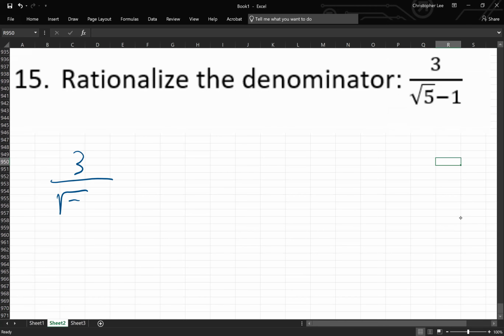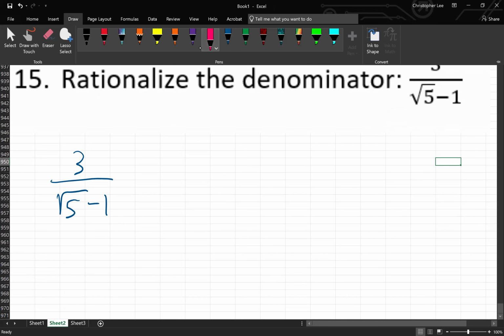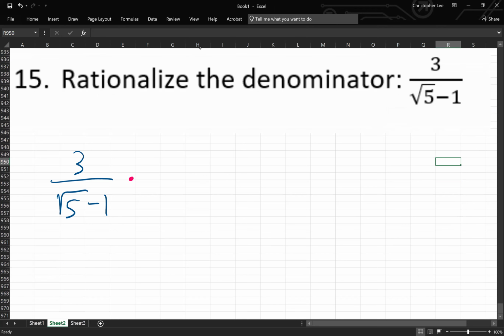What do I multiply this by? Square root 5 plus 1, right? So we want to do the, what's that thing called again? I'm about to say contrapositive, but I mean to say conjugate. I was watching YouTube last night, messed up my vocabulary, you know?